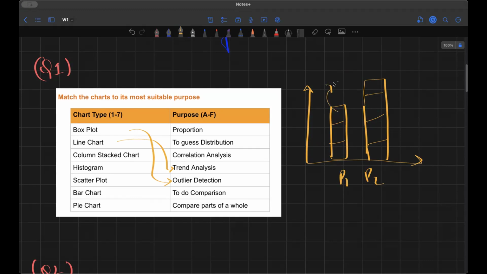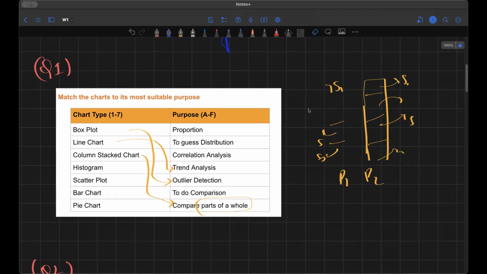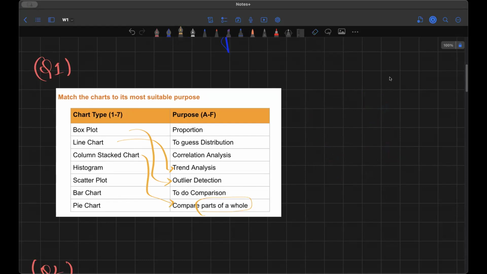Let's say this is income from source one, source two, this is source three, right? Similarly, source one, source two, source three, and source four. So this column stack chart is used to show parts of one whole thing. So this is important, parts of a whole. You should know that column stack chart is used to compare parts of a whole. So basically one thing which has a lot of parts, we use column stack chart to compare those things.